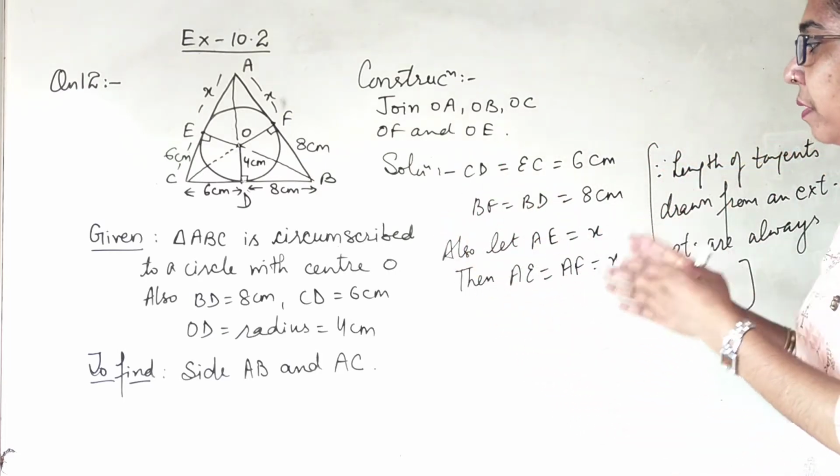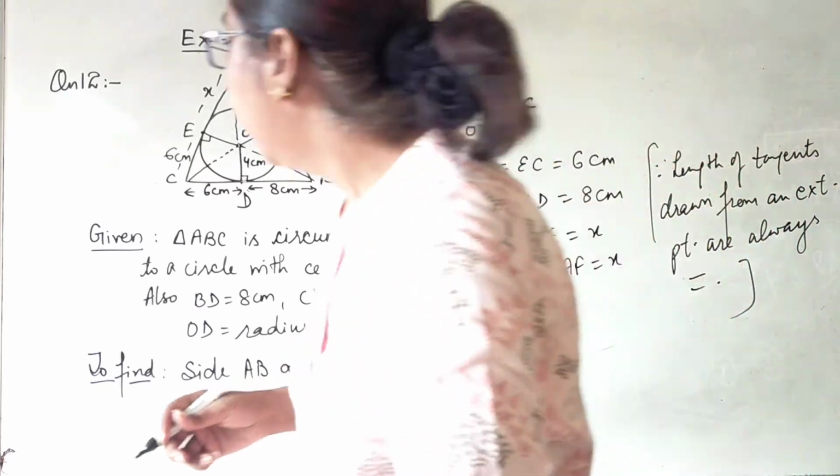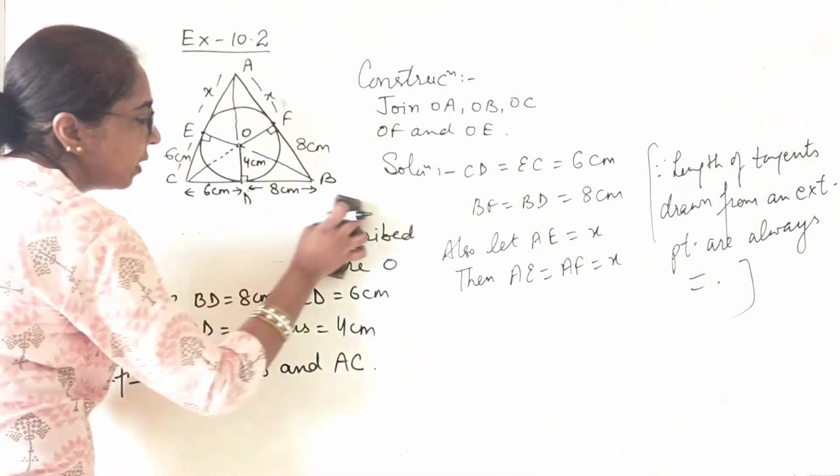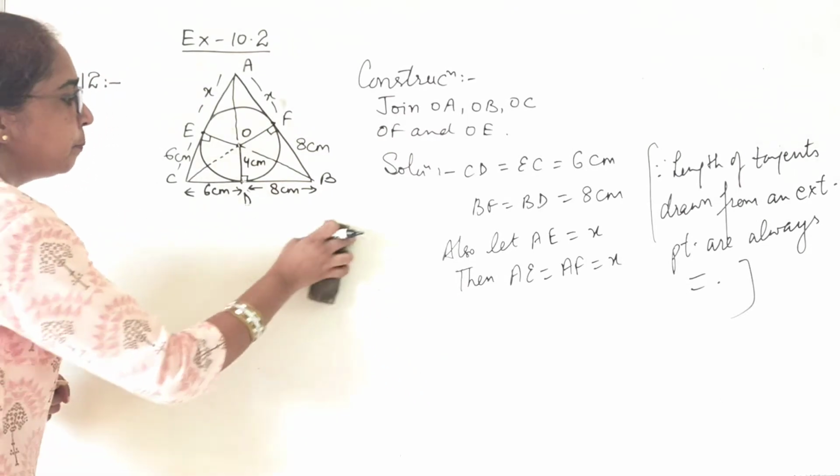So now I will start doing the question. This is all about just the construction, the things which are given and which we have to find. Okay, now I am starting the area.